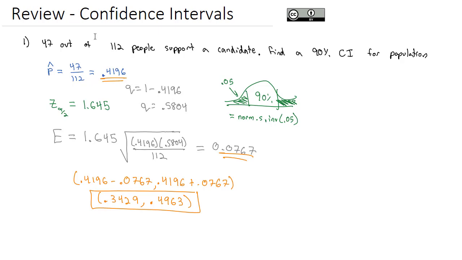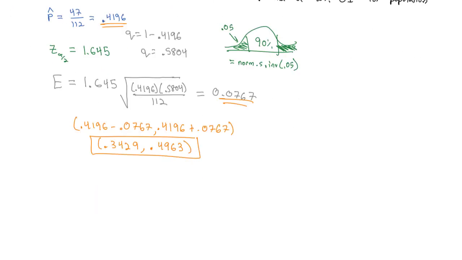Let's do another confidence interval. Let's do one for a mean. Let's say a sample of 48 people owned an average of 7.2 smartphones in their 20s.